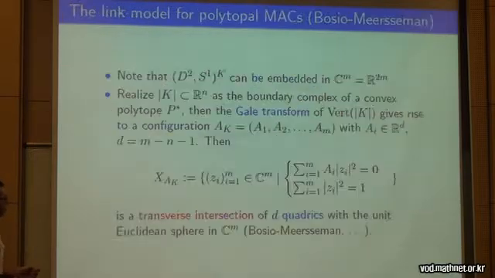Then we get another tuple of vectors, and if we take the real quadrics in this form, it will automatically be transverse, because K satisfies these properties. So it is a smooth manifold embedded in the Euclidean space C^m.